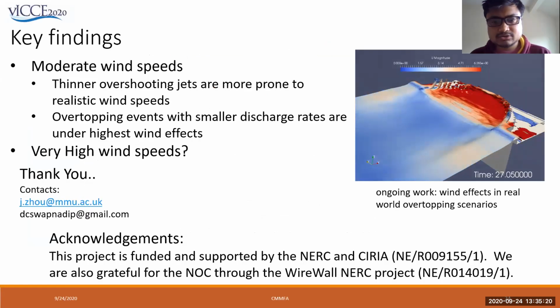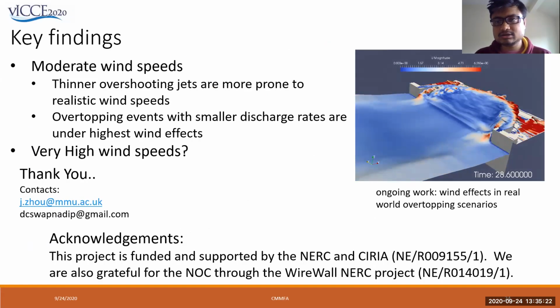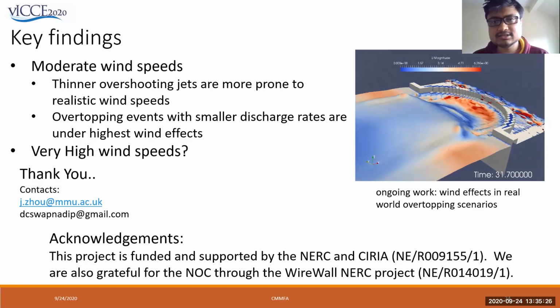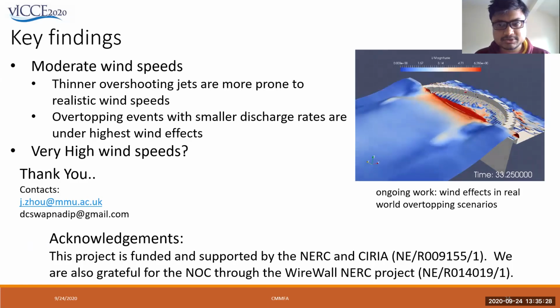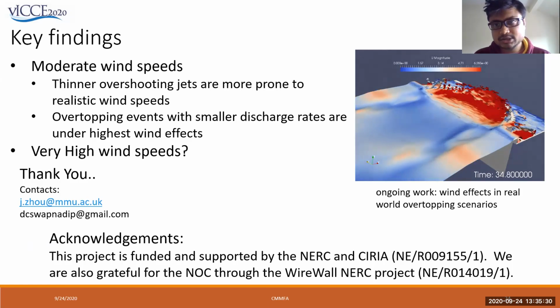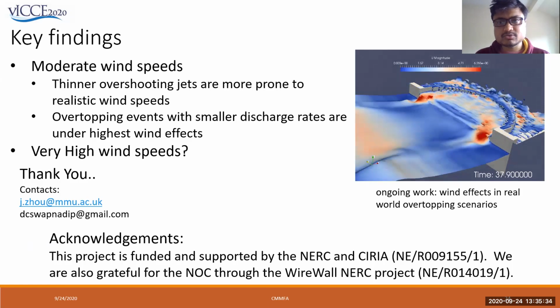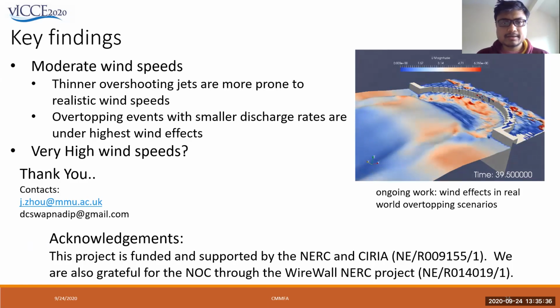So in summary, we would like to conclude that we found that thinner overshooting jets are most prone to wind effects, and this type of thin overshooting jet can result even during impulse type wave interactions from smaller incident wave heights.